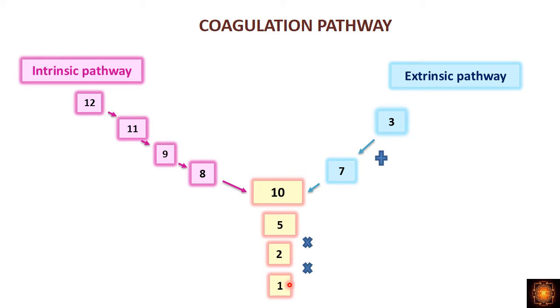Factor 1 is fibrinogen. So 5 into 2 is 10, and 5 into 2 into 1 is again 10. So remember that the intrinsic pathway is in descending order, the extrinsic pathway is addition to factor 3, and then the common pathway is multiplication, which leads to again factor 10.